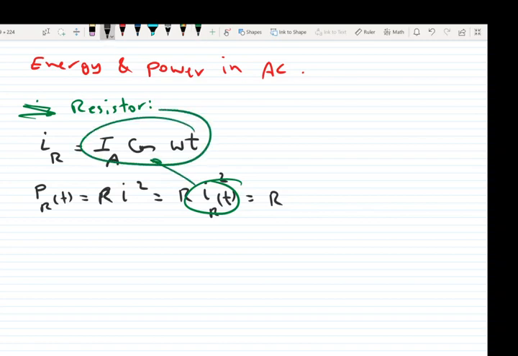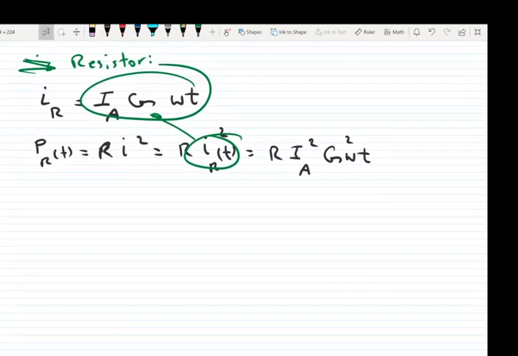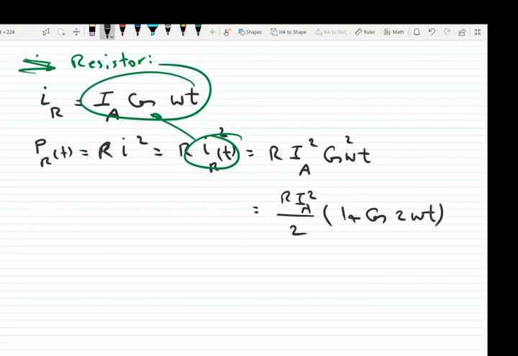So we will have R Ia square cosine square of omega t, which is equal to R Ia square over 2 times 1 plus cosine of 2 omega t. This is the power delivered to a resistor.